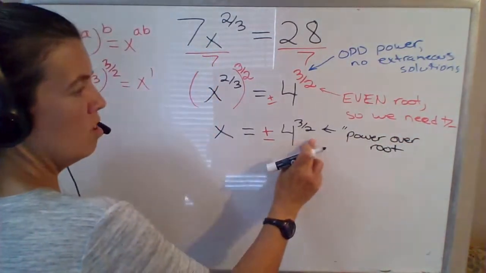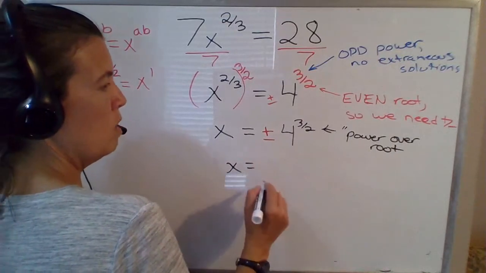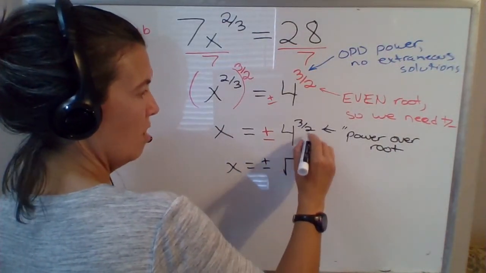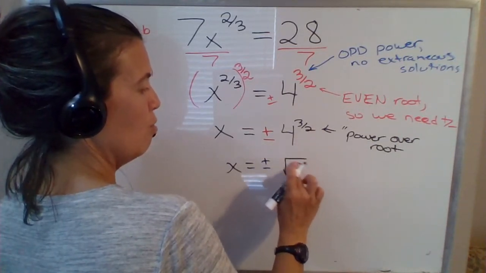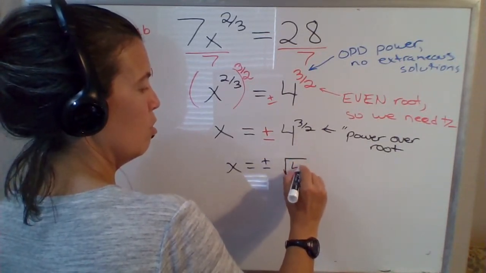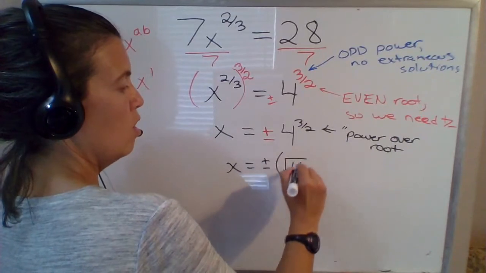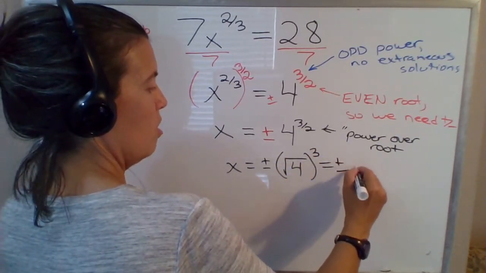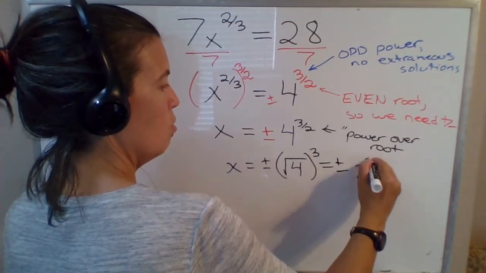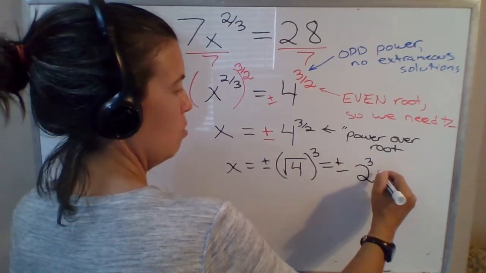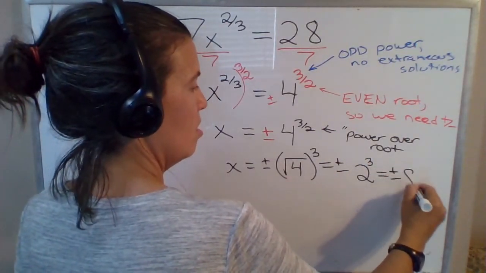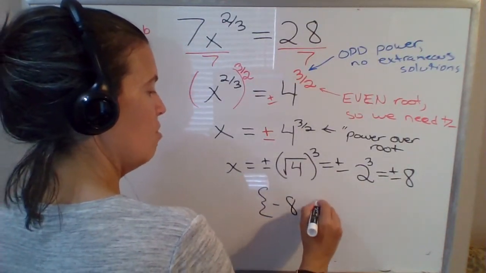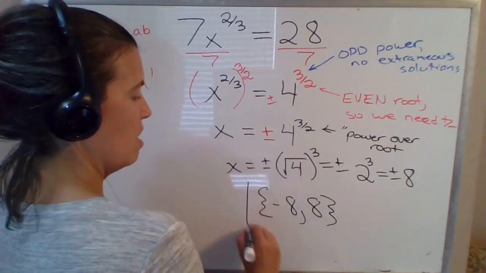So 4 to the 3/2 power, another way to write that is the square root, it's the second root, so the square root of 4 raised to the third power. So that's 2 raised to the third power, which is 8. So our solution set in this case is -8 and +8.